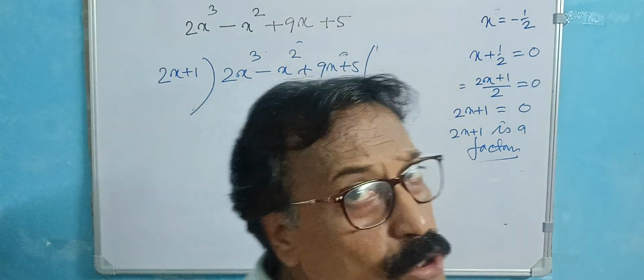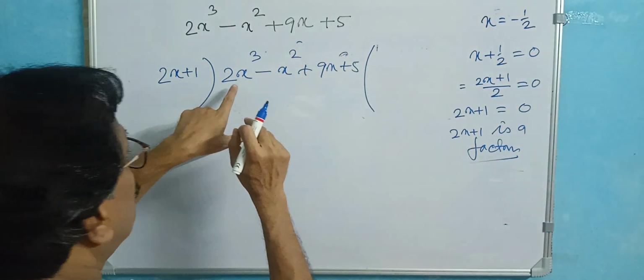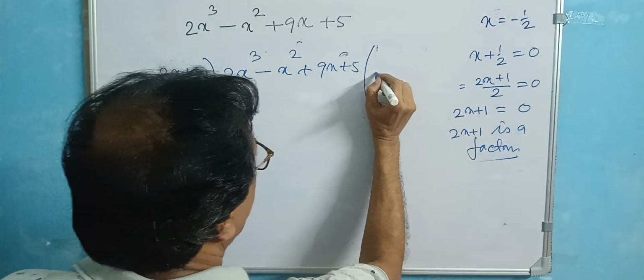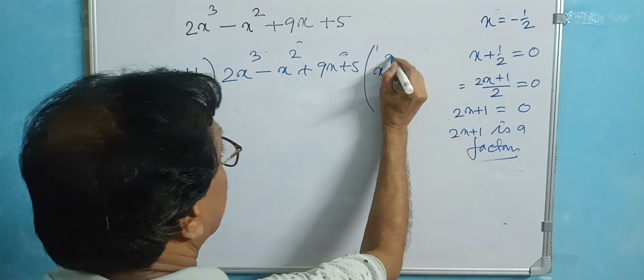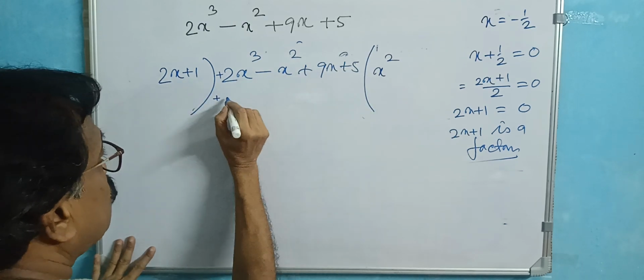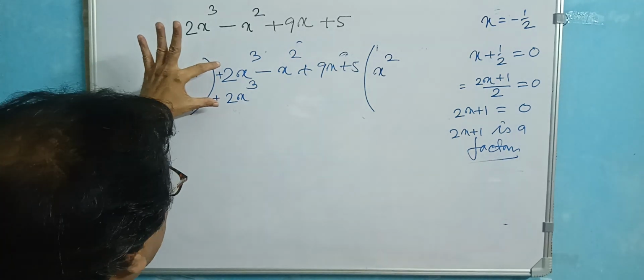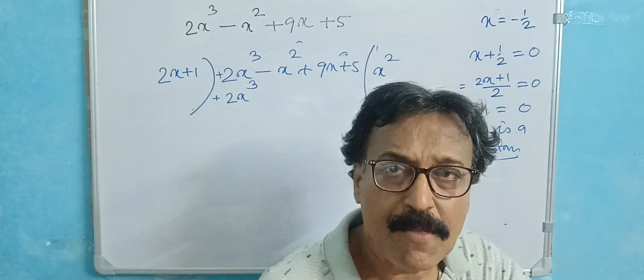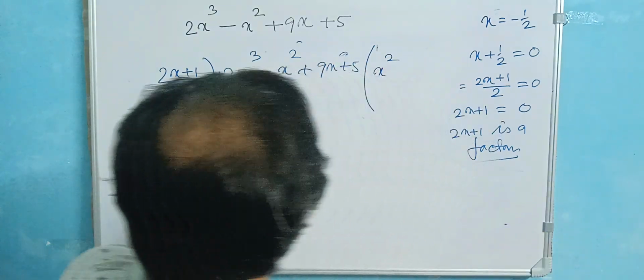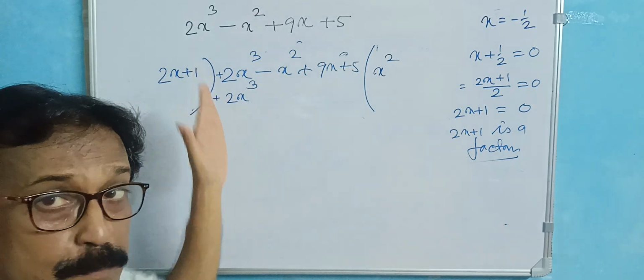Certainly tough, but you just do it this way. Clear? So this is 2x cube, here is 2x, just multiply by x square. The same thing plus, here is plus. So 2x into x square is 2x cube. In case of division, I am telling you again and again that the first part should stay the same, the sign also the same, and the number and terms are the same; otherwise you subtract and cancel, and this part is 0.